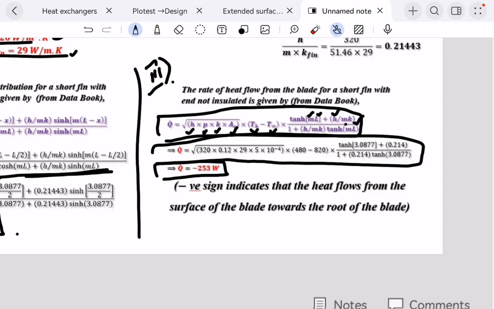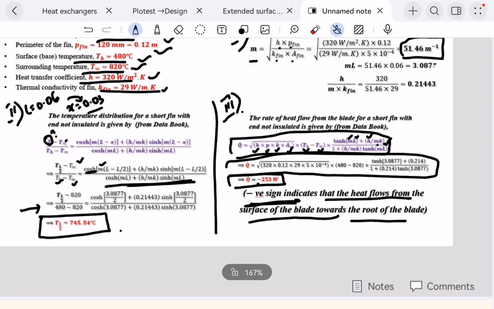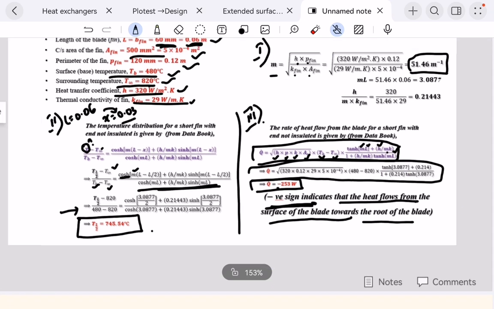Now remember, that the negative sign indicates that the heat is flowing from the surface of the blade towards the root of the blade, right, towards the end of the blade, right? That's what the negative sign is indicating. So this is how we determine the cases that we need to select for this particular type of problem.